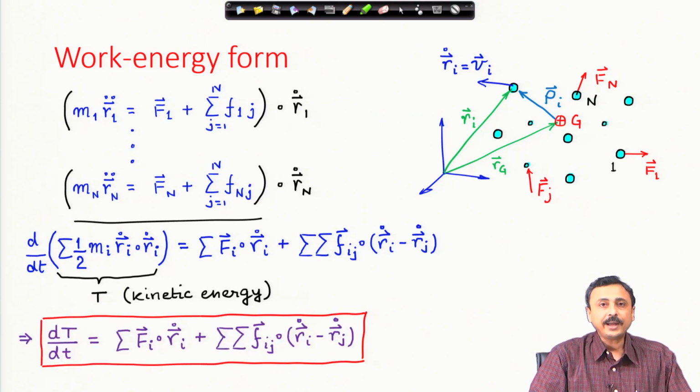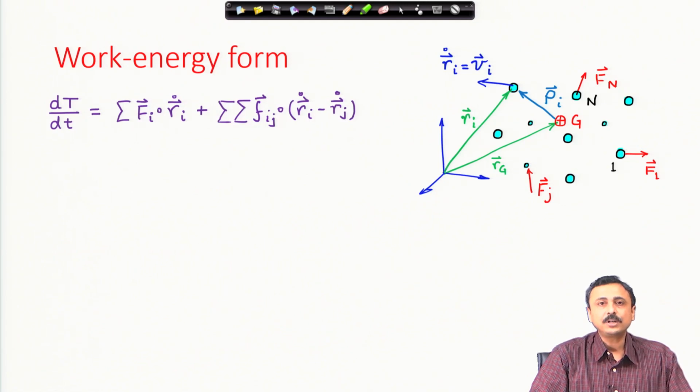And therefore, the rate of change of total kinetic energy of the system is given by the summation of force dot velocity over all particles, plus the double summation of the internal forces F_ij dot the velocity of the ith particle minus the velocity of the jth particle. So, this is the relation we have obtained from the previous steps.